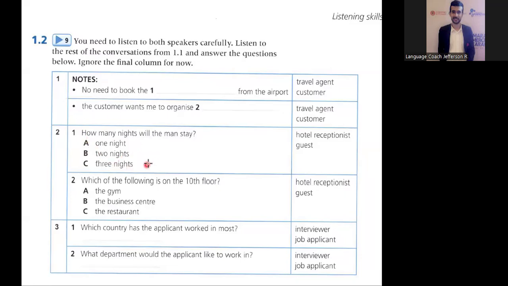Do you have a gym or a sports center in the hotel? And I need access to your business center as well. Yes, we have all of those. Now, your room is up on the 10th floor, and the elevators are right behind you. You'll actually be on the same floor as the business center, and it's clearly signposted. The gym is down on this level, and so is the restaurant. You need to go there in the morning for breakfast.